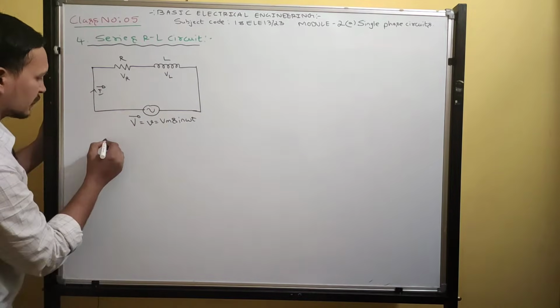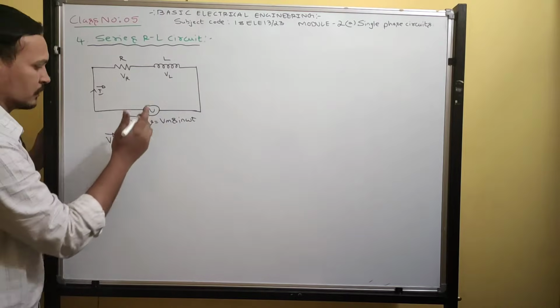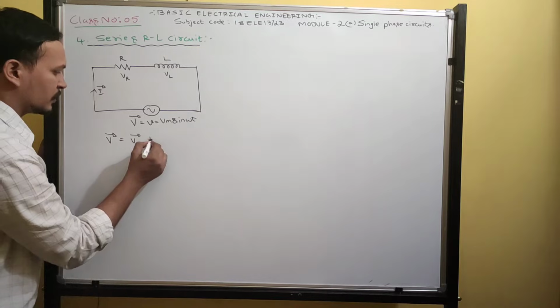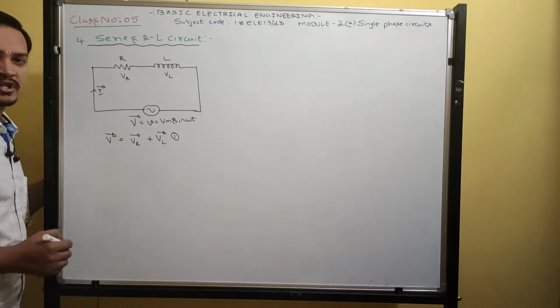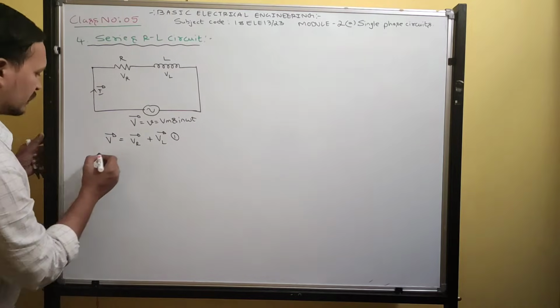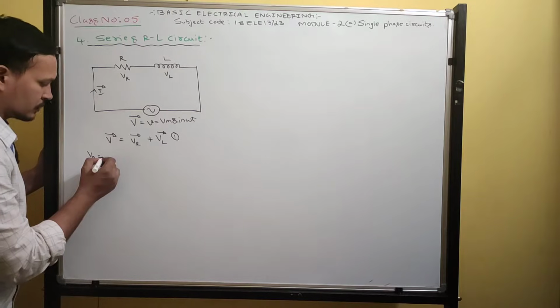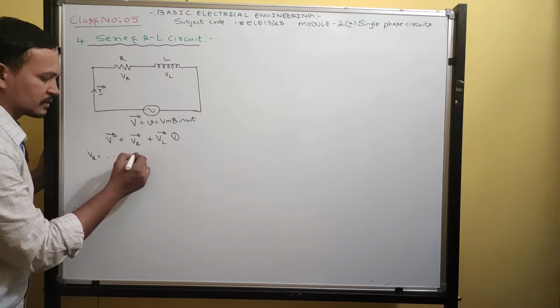Therefore we can write the overall voltage connected across the circuit is equal to the voltage across resistor plus the voltage across inductor. Take this as equation number 1. What is VR? You should write a sentence: voltage drop across resistor.